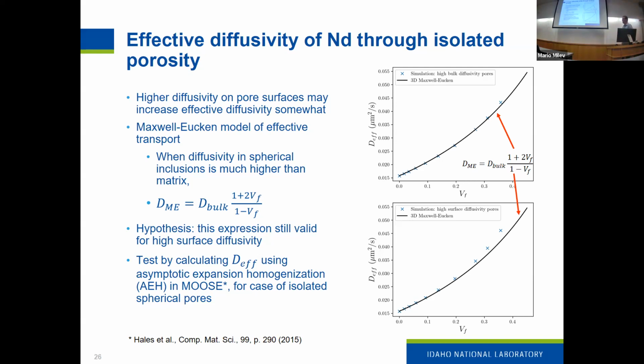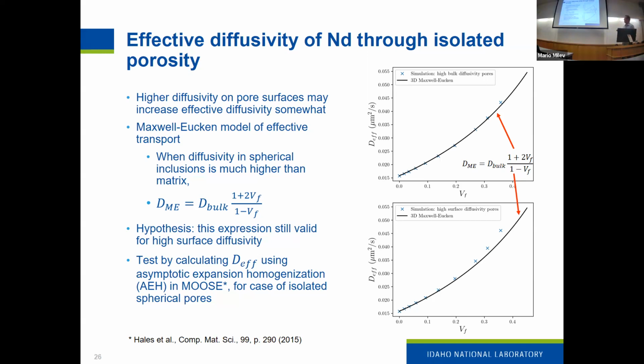So in order to test this hypothesis, we used some tools in the MOOSE framework known as the asymptotic expansion homogenization method. And we looked at the effective diffusivity of both isolated pores with high bulk diffusivity, as well as isolated pores with high surface diffusivity.